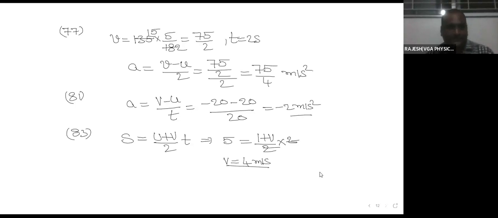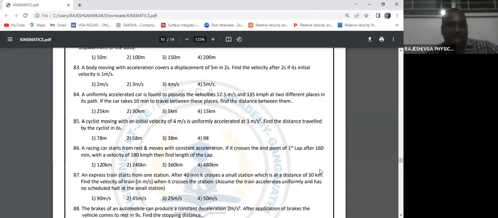Next is, a uniformly accelerated car is found to possess the velocities 12.5 meters per second and 135 km per hour at 2 different places in its path. If the car takes 10 minutes to travel between these places, find the distance between them. So you have to convert v, 135. Just now we have done 135 into 5 by 18, that is 75 by 2, that is 37.5.